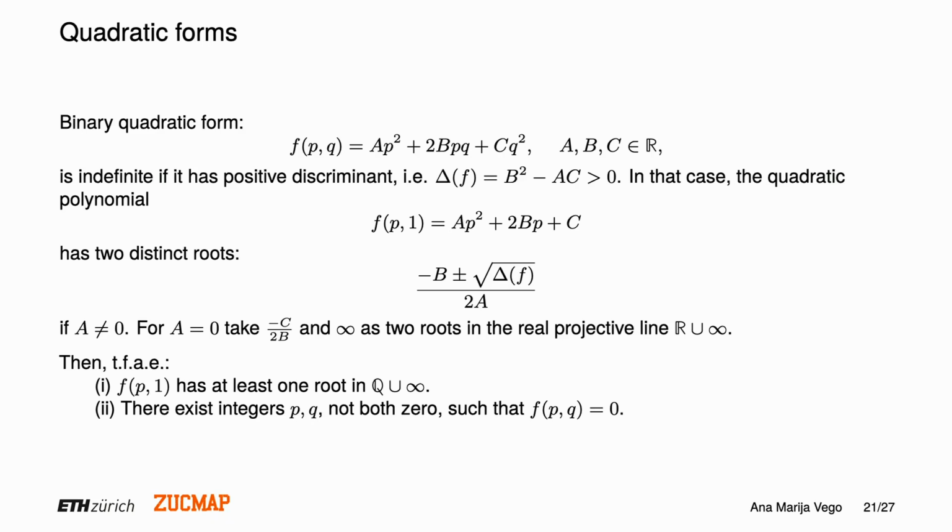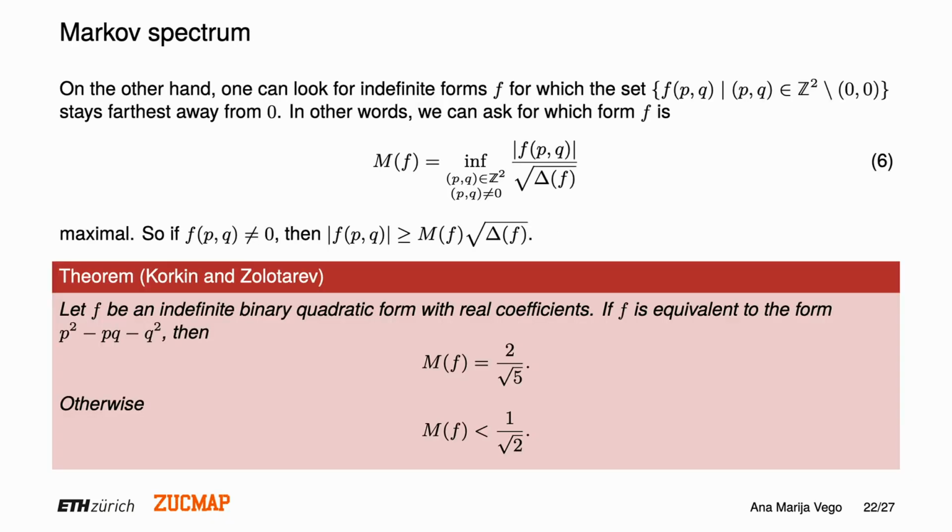Okay, so now that we have determined when a binary quadratic form is equal to 0, we turn to the problem of trying to bound them from below efficiently. So we're looking for indefinite forms for which this set of values f of p, q, where p and q are integers, not both 0 at the same time, stays farthest away from 0.